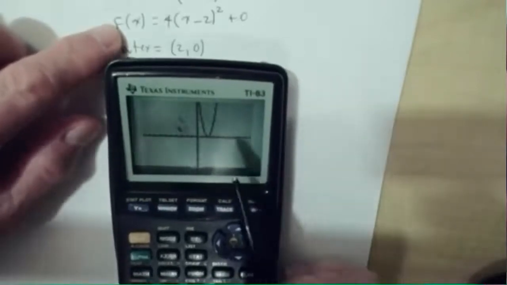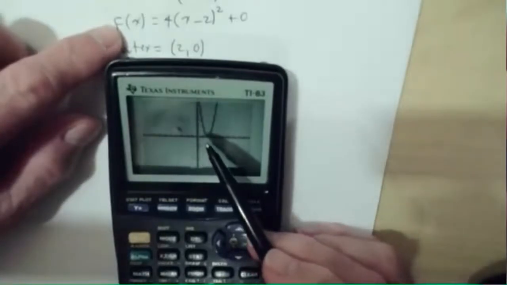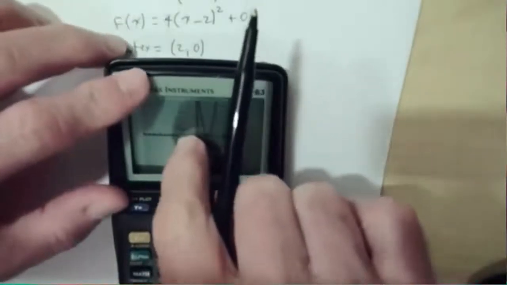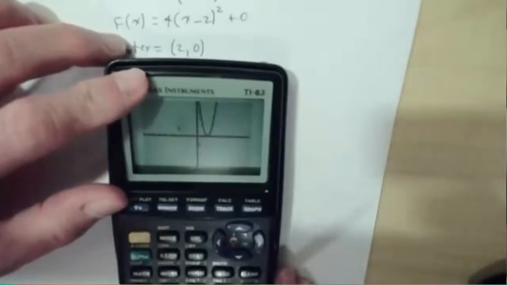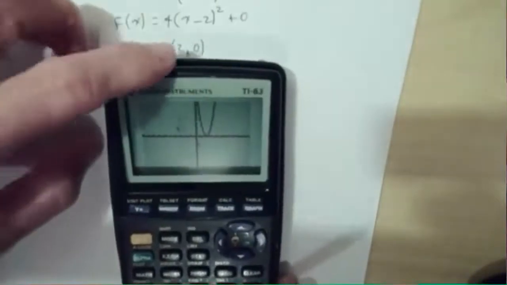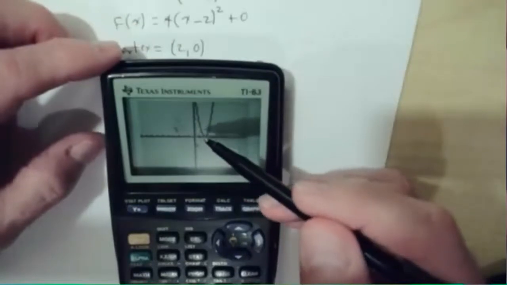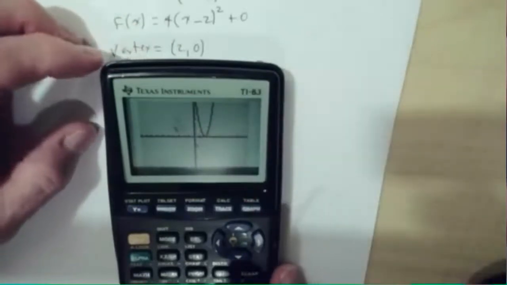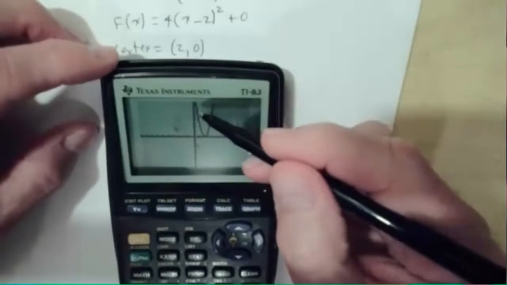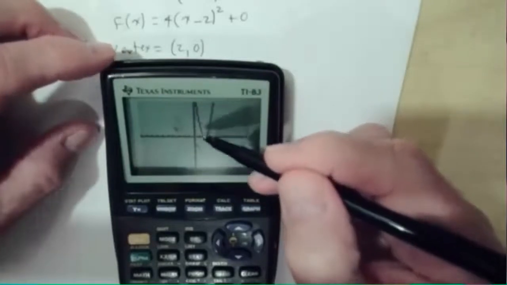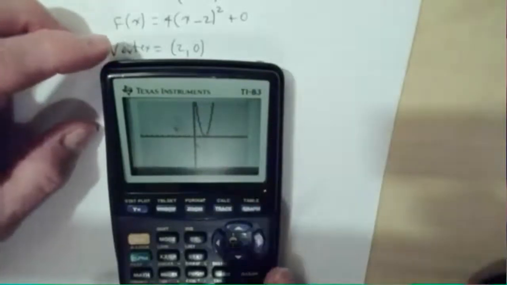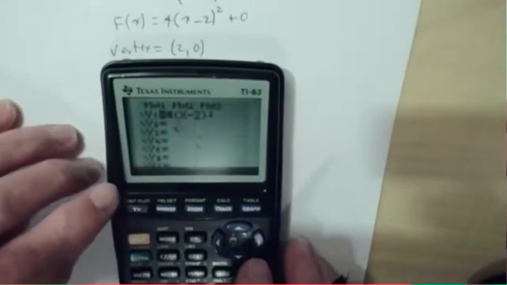And where is that? It's at 2. Okay, the vertex is 2, 0. Remember, the vertex is the very bottom. And the axis of symmetry is this, right up and down, which is 2.